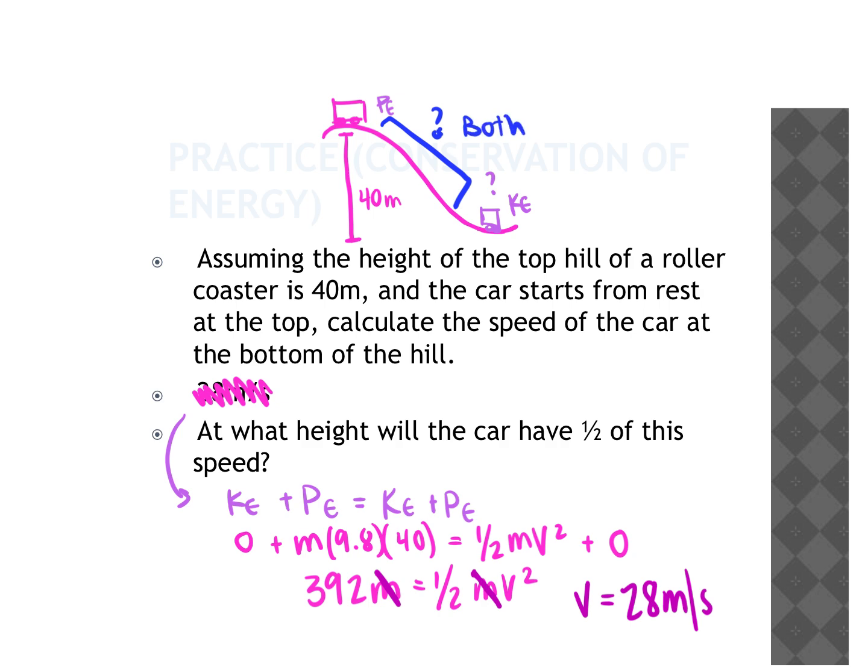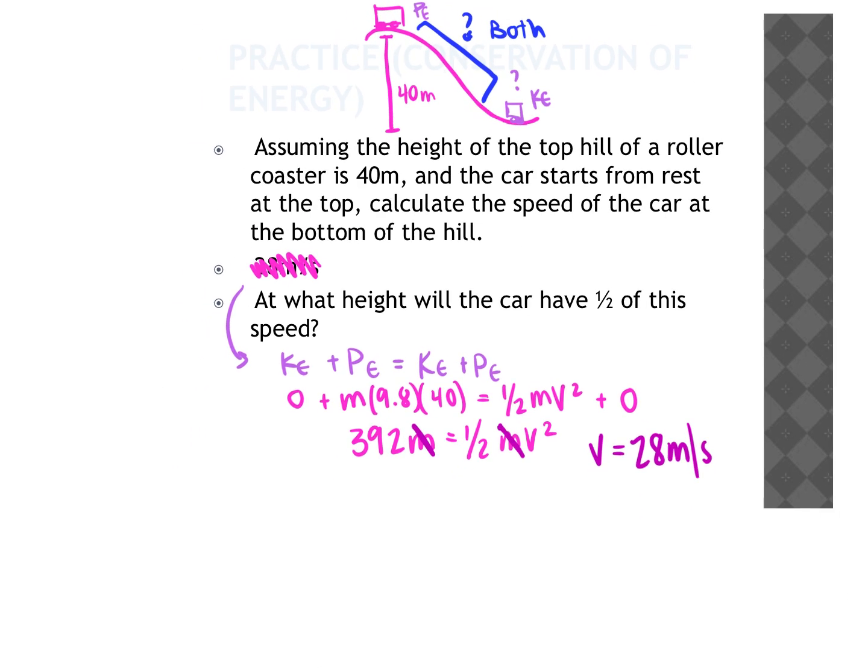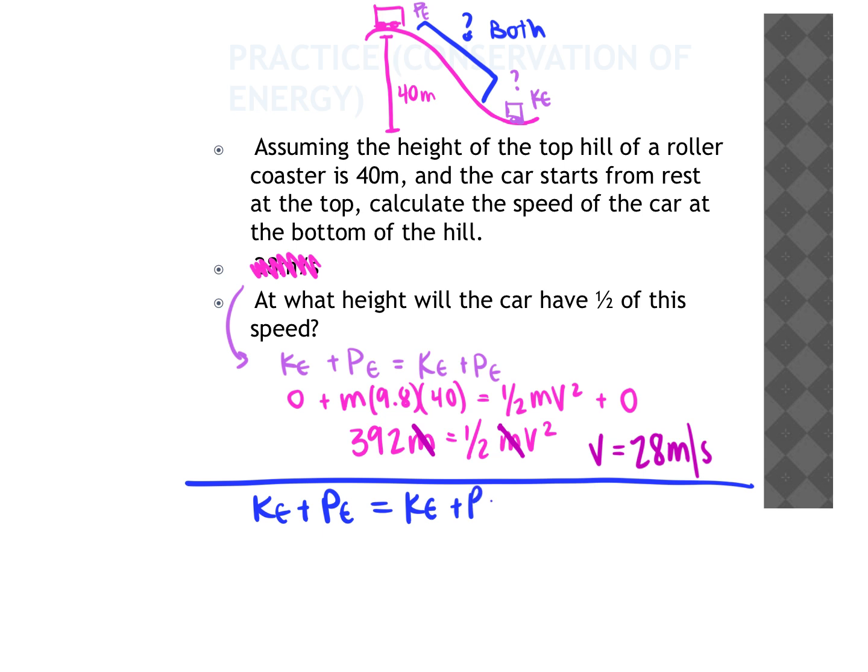Okay, so now let's come look at our equation again and say we have kinetic plus potential equals kinetic plus potential. In all reality, I could examine the end too if I wanted to. You could pick any 2 points during your path.